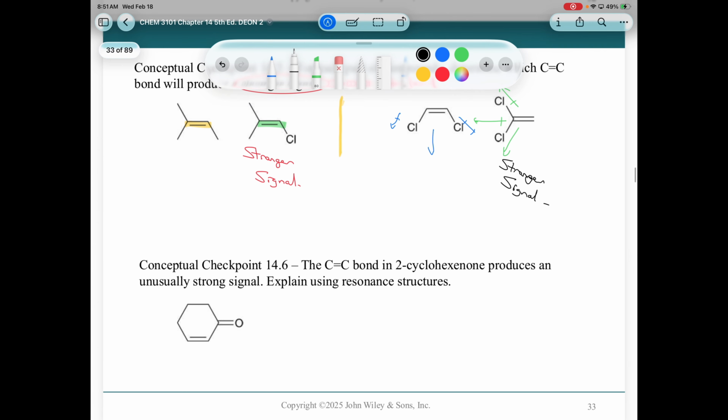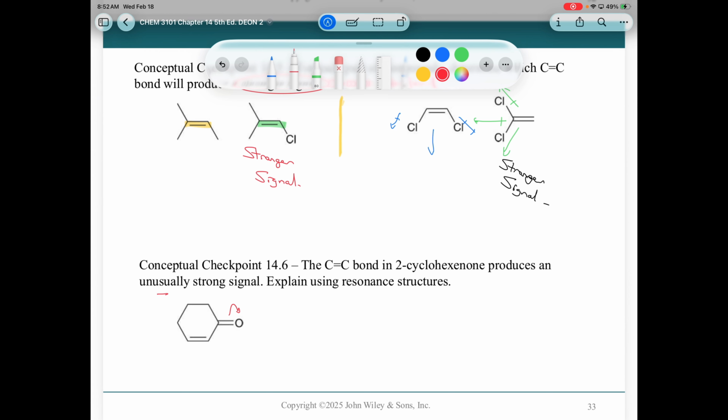And what about this one here? It says this carbon-carbon double bond produces an unusually strong signal, explain using resonance structures. Well, even though it's just a regular everyday carbon-carbon double bond, does it have some single bond character in there? Is there some delocalized charge in there? Absolutely, right? We could draw both of the resonance forms like this.